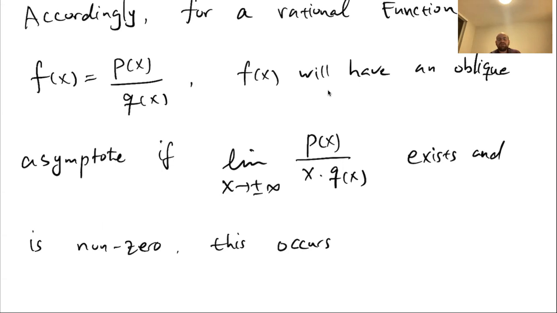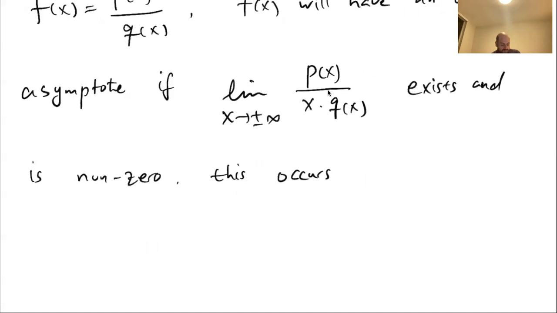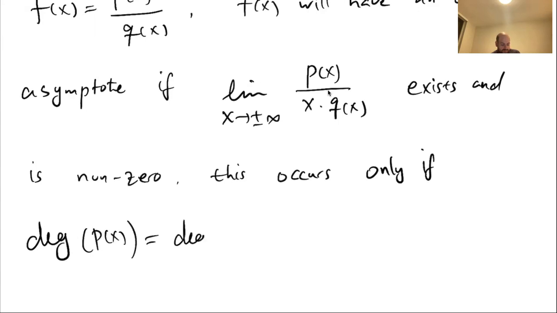So the only case in which the limit of a polynomial over another polynomial is a non-zero constant is if the degree of top is equal to the degree of bottom. This occurs only if the degree of p of x is equal to the degree of x times q of x.